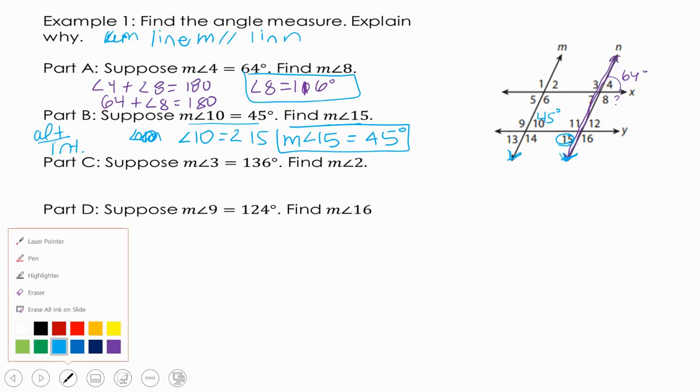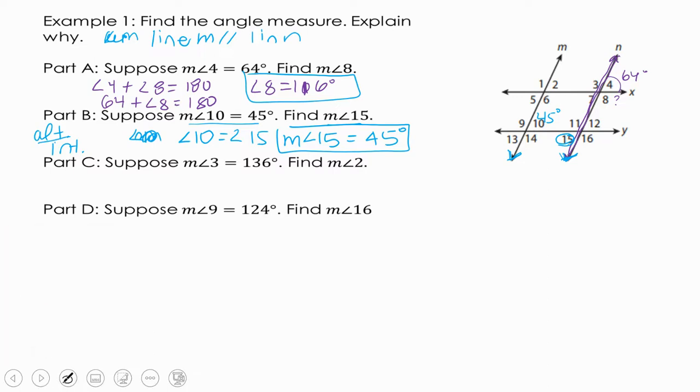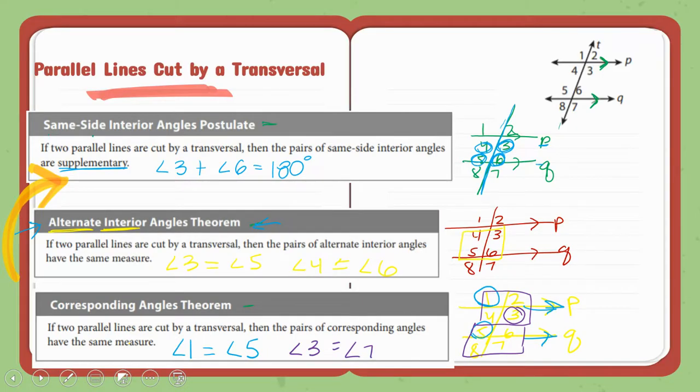Okay, next one. We're going to go ahead and do angle 3, which is over here. Angle 3 is going to be 136 degrees, and the question is wanting me to find angle 2 here. Now, this is on the same side of the line, and it's interior because it's inside lines M and N. So it's an interior, same side postulate.